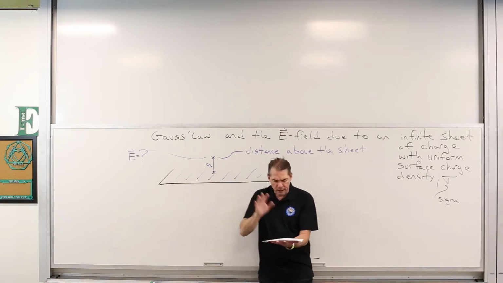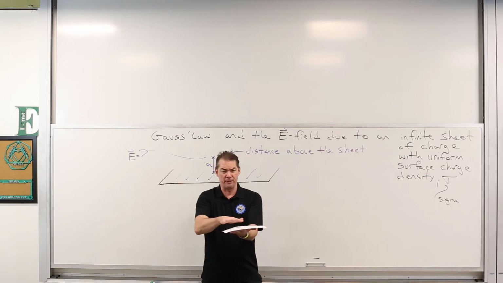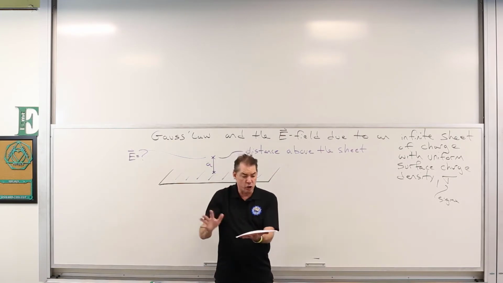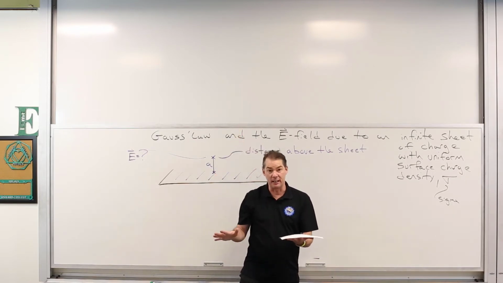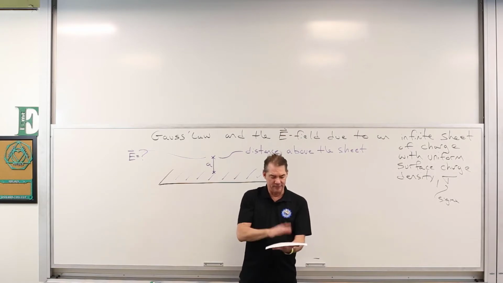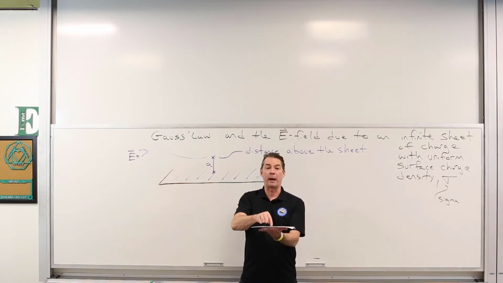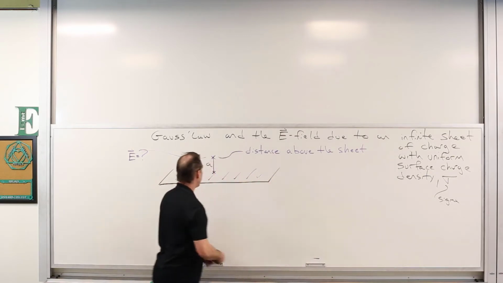So, considering that this is a positive surface charge density, we should have that the electric field anywhere above it is straight up, if it's infinite in its expanse. If it's finite, then we have to be directly over the center of it. We're not going to really worry about finite, we're just going to use infinite.